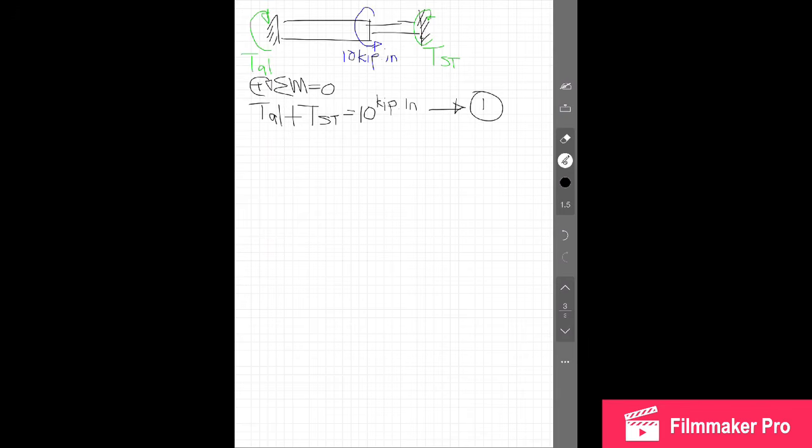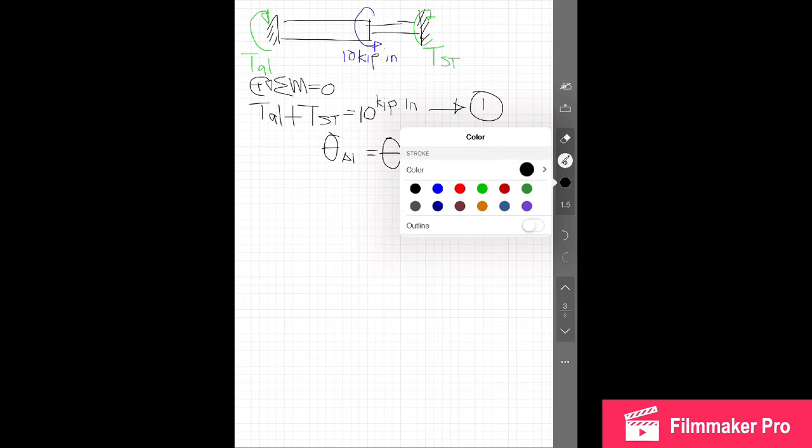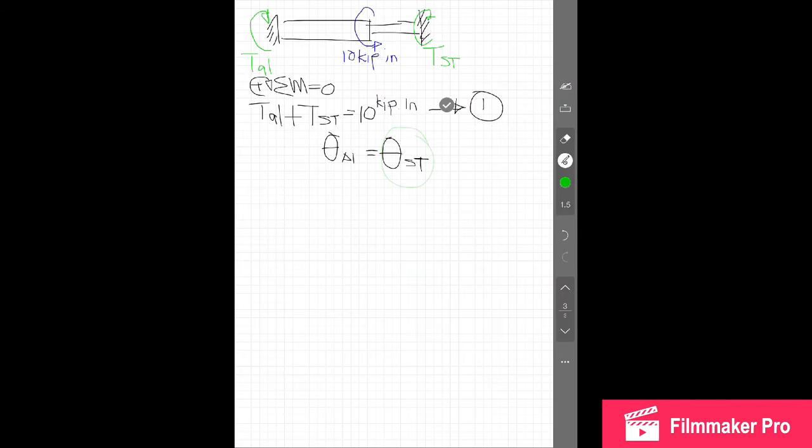So magiging equation natin will be theta for the aluminum is equal lang sa theta ng steel. So again, alam naman natin na ang formula mo for theta is TL all over JG. So ang gawin ko na lang, para ma-satisfy natin yung first equation, itong portion ng equation na to, ilipat natin dito sa kabila.